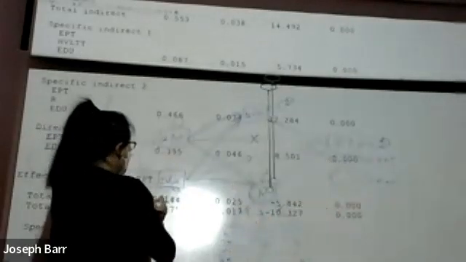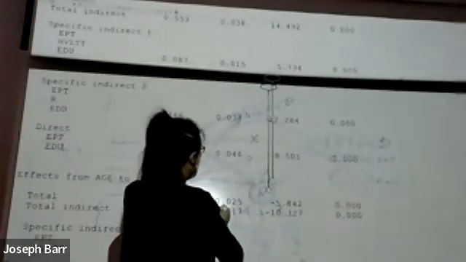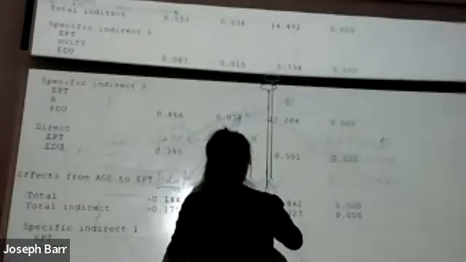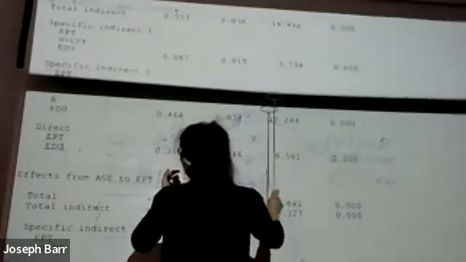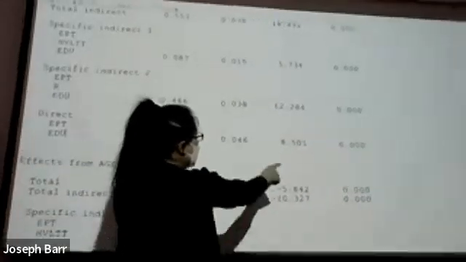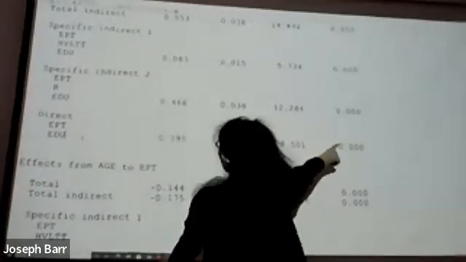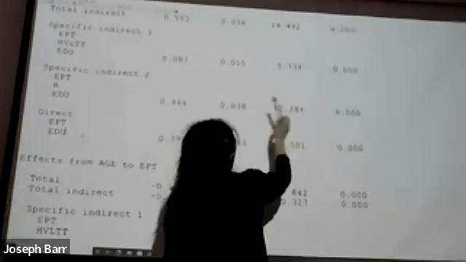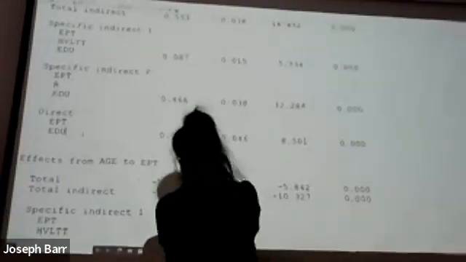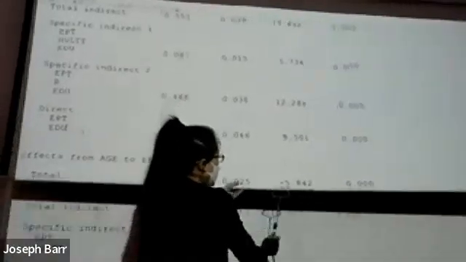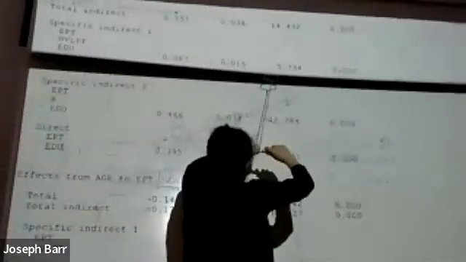So this is the result we obtained, and all of these are significant. The specific indirect is significant, this is significant, this is significant. So what does that mean?